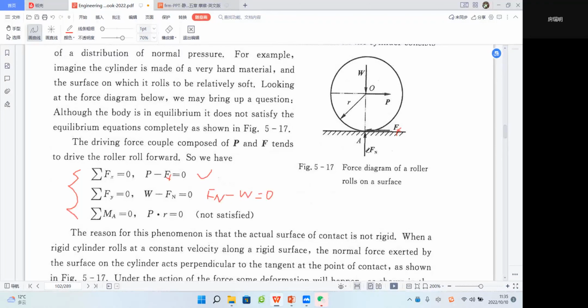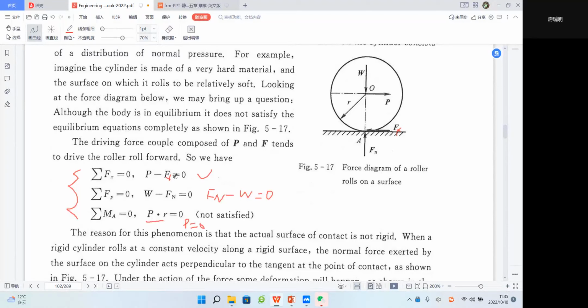You see Fn, Ff, and W, all these three forces pass through this point, so these three have no moment about point A. So we have P times R equals 0. Then if this equation is satisfied, P should be 0, which contradicts this one.